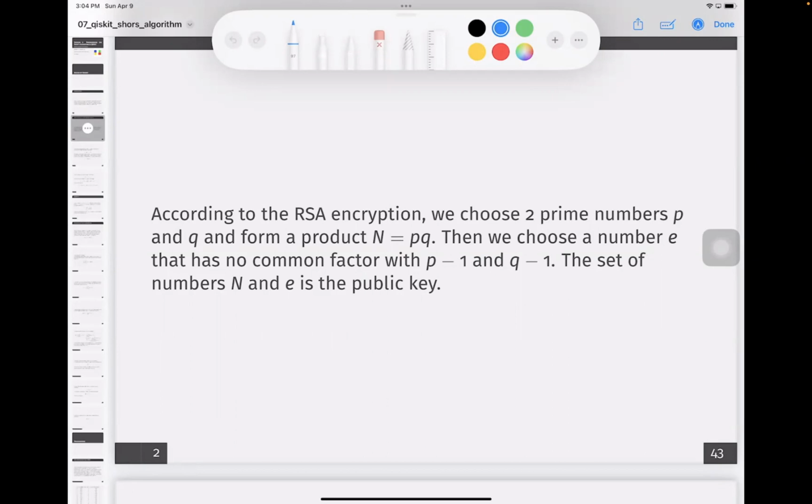The number E has a property such that it doesn't have any common factors with P minus 1 and Q minus 1. Okay, and then the set of numbers N, E is called the public key.